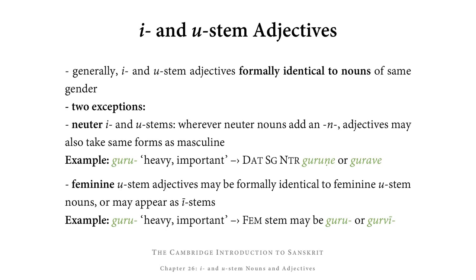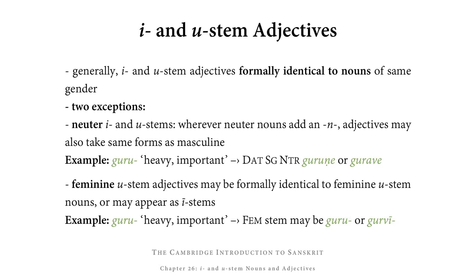There are two exceptions to this though. First of all, concerning neuter both short I and short U stems. Wherever neuter nouns add an N in between the stem and the ending, neuter adjectives may do the same, or they may also take the same forms as the masculine.